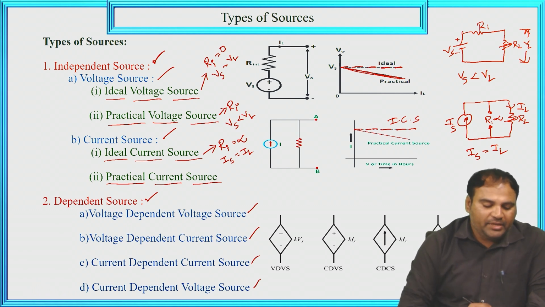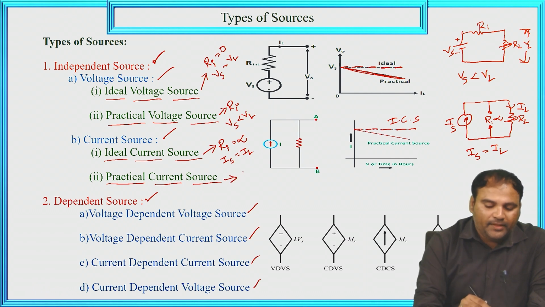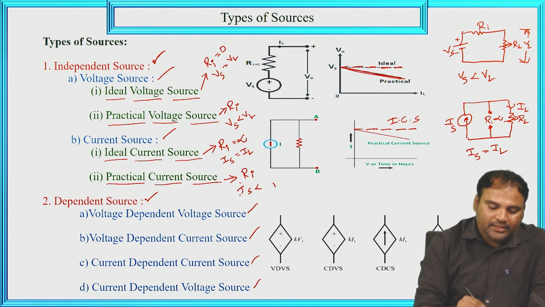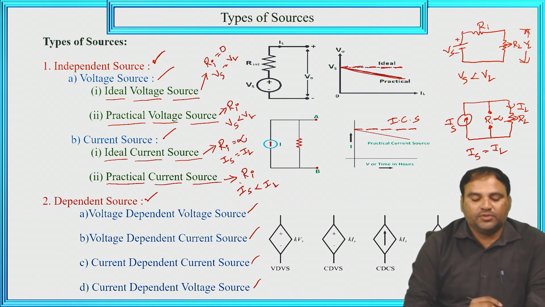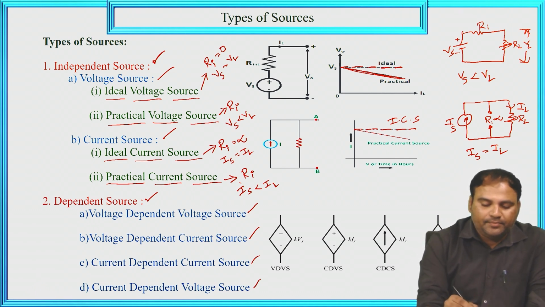The second type is the practical current source. The practical current source has a very high internal resistance and the source current is less than the load current, so Is is less than IL. Here we have the load, the current through the load is IL, and let us take this as Is.